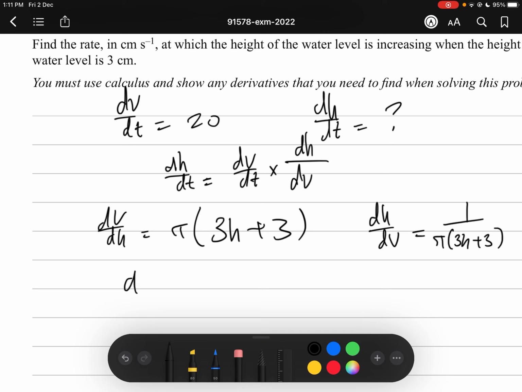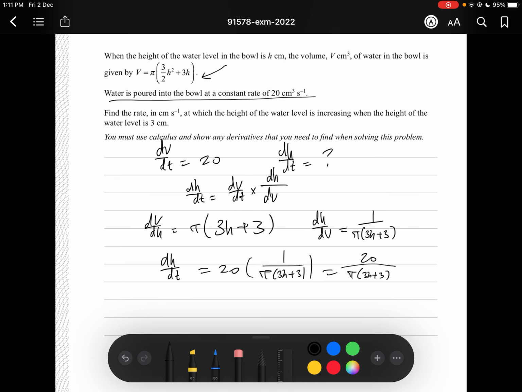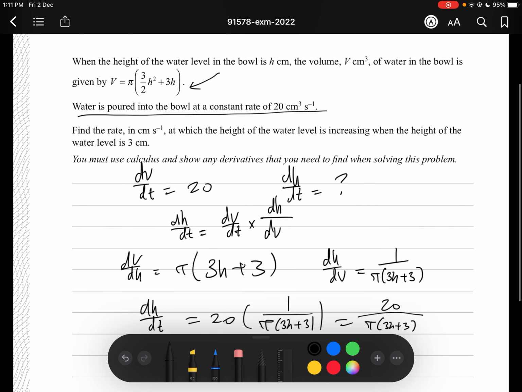And therefore, dh on dt equals dv on dt, which is 20, multiplied by 1 on pi (3h plus 3), which is equal to 20 on pi (3h plus 3). We want to find the rate of change of the height of the water level when the height is 3.